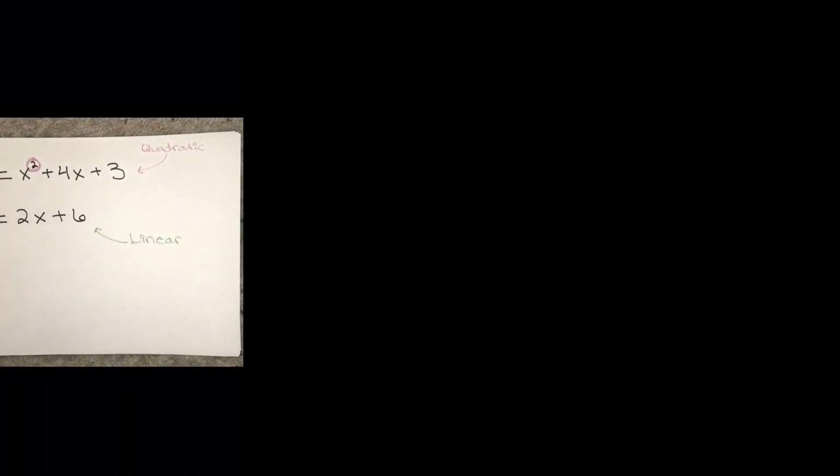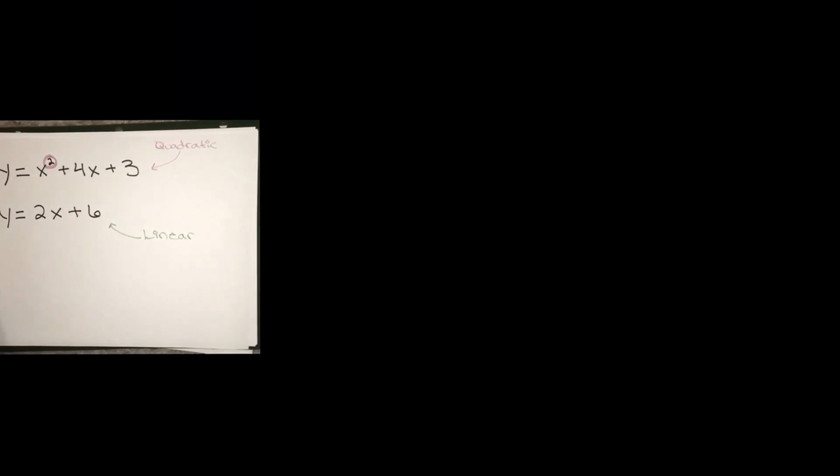Okay, now first let's start off with an example. Now, the difference between these two equations, and knowing that one of them is quadratic and one is linear, is that x is squared. You see that these two equations are already put into the y format, so nothing needs to be changed there. We must now set them equal to each other.